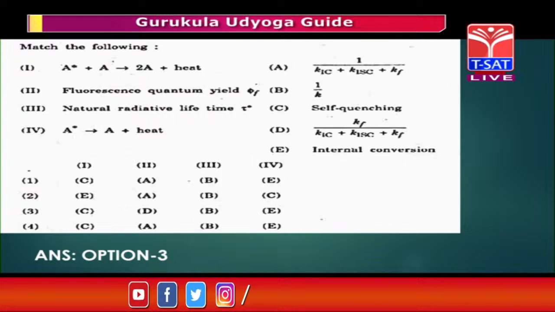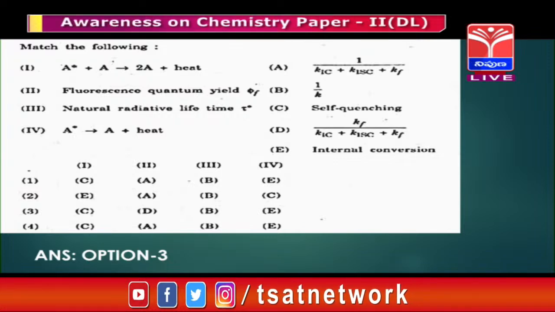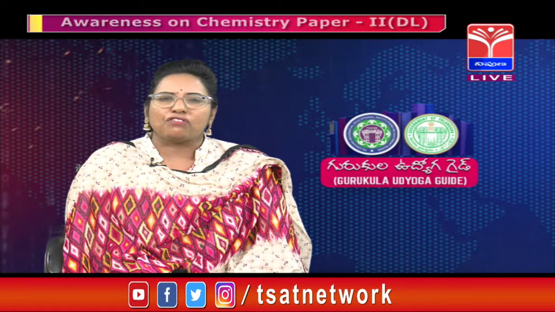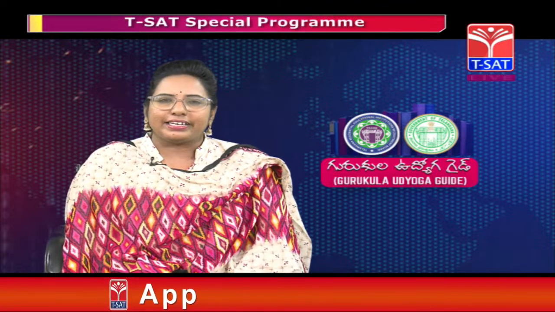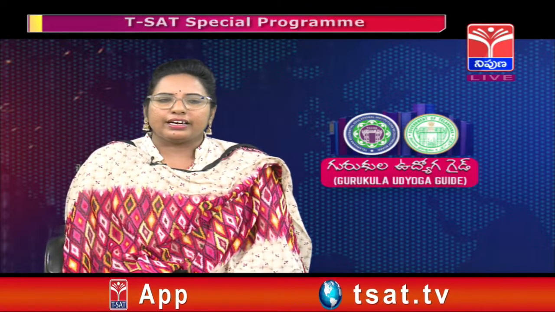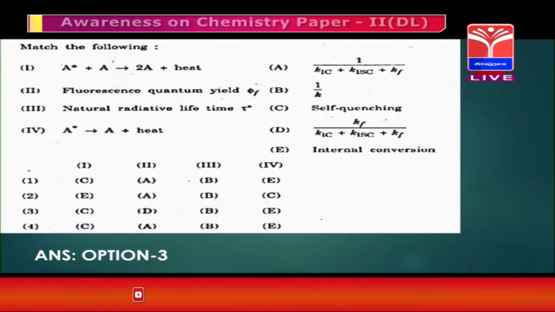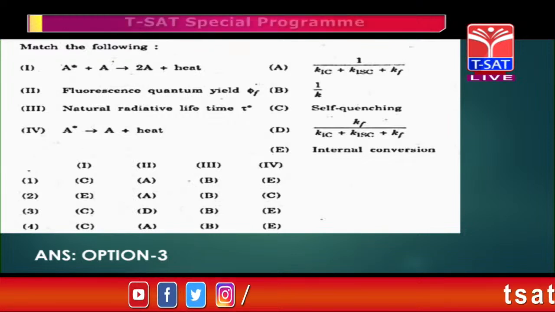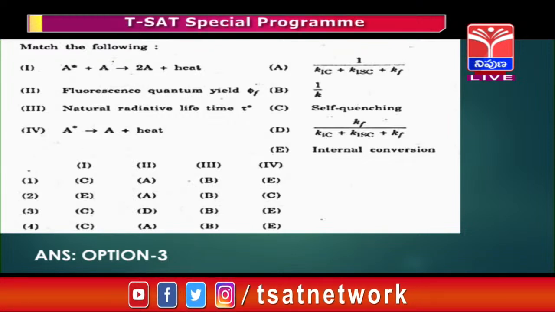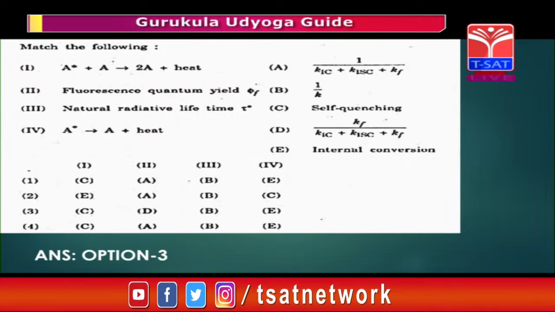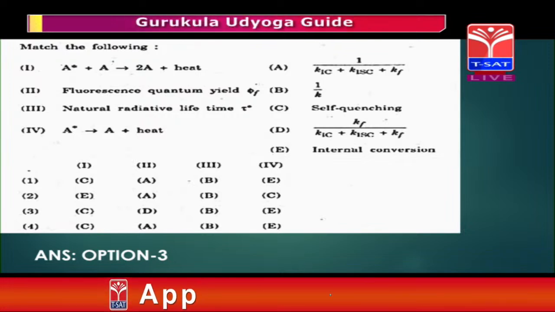Self quenching means the molecule itself quenches the fluorescence of the excited molecule. Here A star is the excited molecule, and its fluorescence is quenched by another molecule of the same sample at ground state energy level. So this belongs to the self quenching concept.